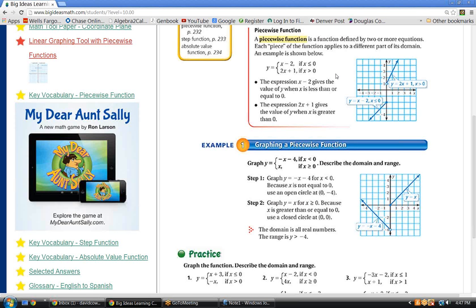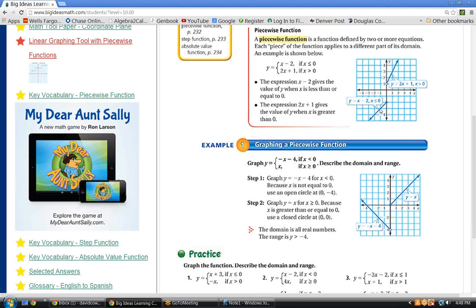Okay. Still there? Sorry. I said that wrong. It's equal to x minus 2 when x is less than or equal to 0, which is this lower blue line. And it's equal to a different function when x is greater than 0. It's equal to 2x plus 1. This line up here. Notice they have different slopes.